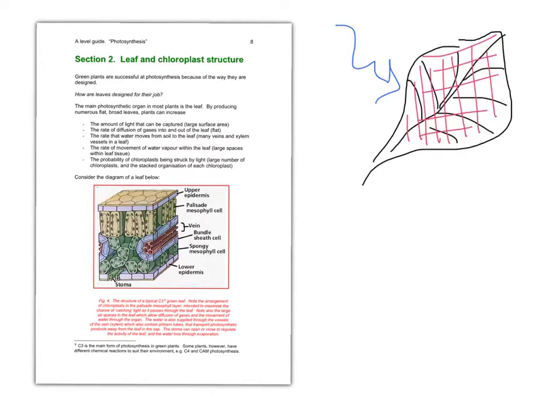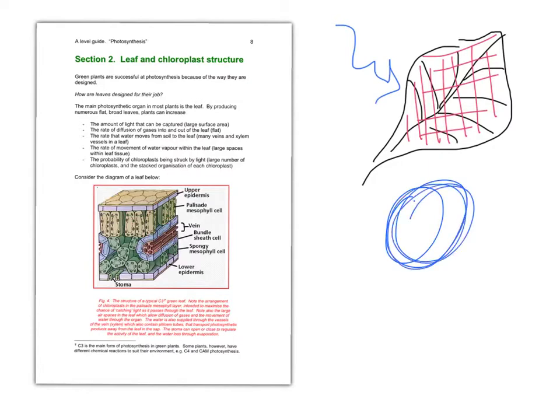The rate of diffusion of gases increases because it's flat. If it were a ball or a giant mass like an apple or pear, then it couldn't function very well as a leaf because the gases would not be able to diffuse easily from the center of the mass.